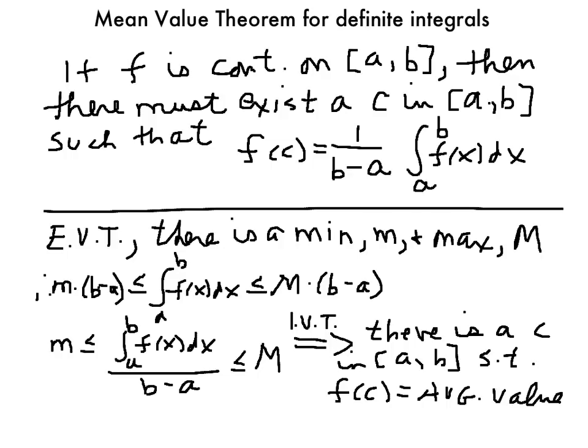And that's a big deal. And f of c, as we said before, is that magic height. It's the height of the rectangle with base b minus a that gives us the exact area under the curve. So think about that a little bit, but that's a big deal, this theorem, and it'll come to play a rather significant role in the next section.